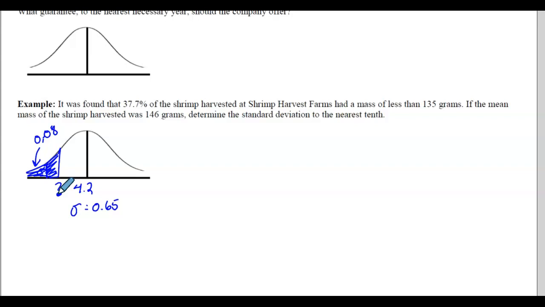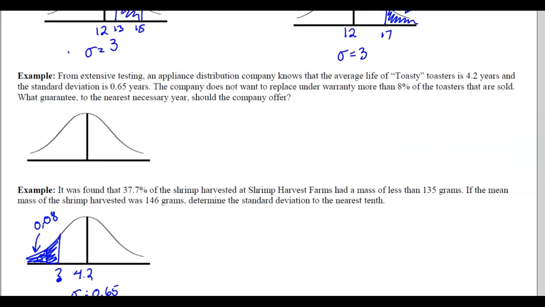Okay, to the nearest 10. Oh, I just wrote it on the wrong one. It flipped. Okay, sorry. 4.2, standard deviation of 0.65. That's what we want. That's 0.08. Okay, so we're given the percent, so we're using inverse norm.